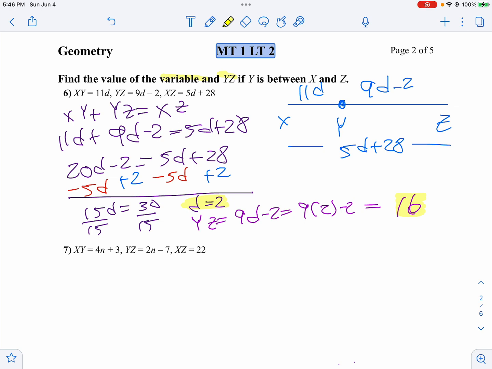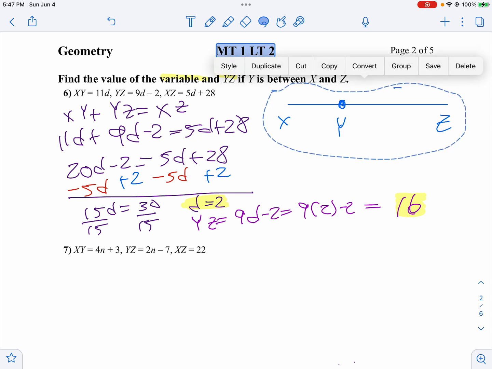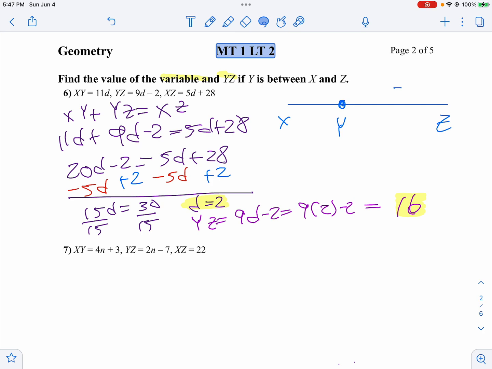Now I think what I'm going to do here is erase the first part here, and I'm going to use my same diagram for question 7. Let me try copying that again.